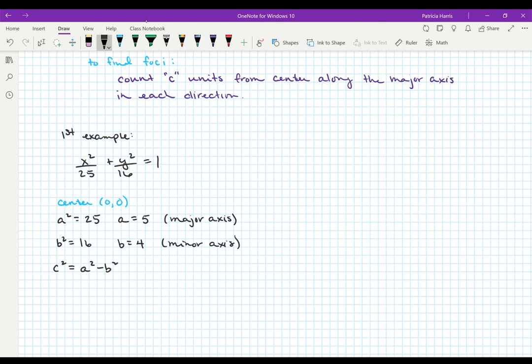So take the square root of that. So c, which is associated with the foci, but it doesn't tell you where they are, just associated with it. Okay, all right, so let's take all this information and graph.